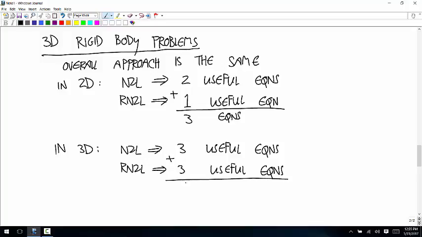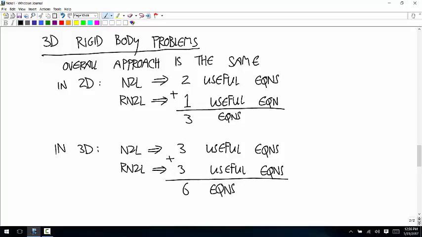And so add those and you get 6 equations. If you do a problem in 2D, a single rigid body, you can solve for 3 variables. If you do a rigid body problem in 3D, you can solve for 6 variables.